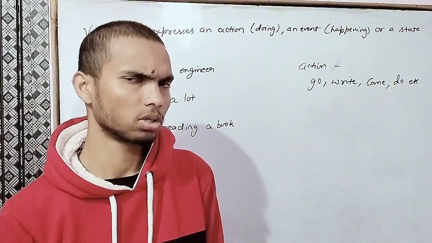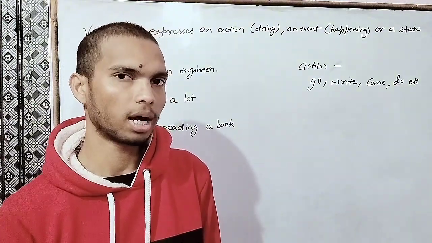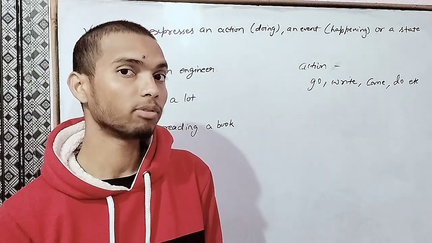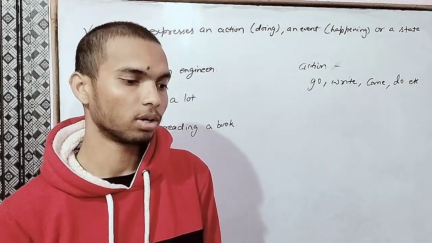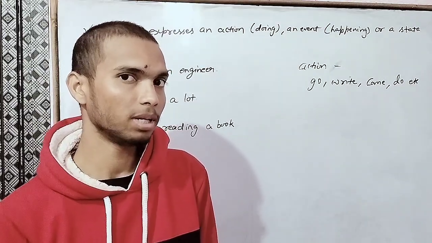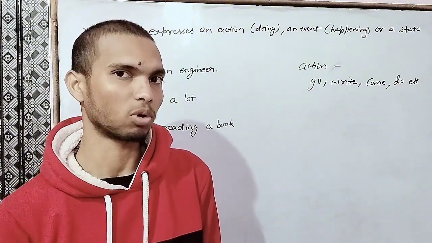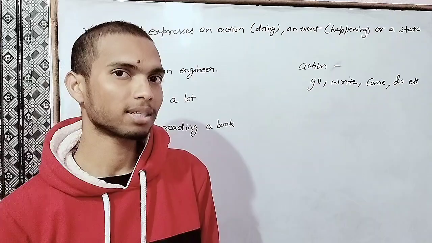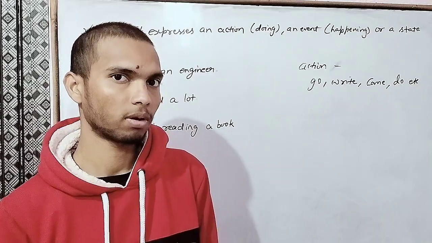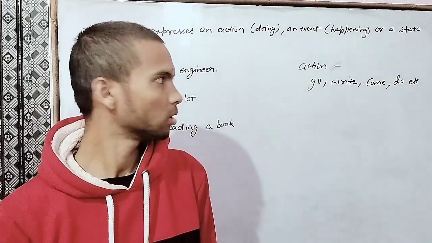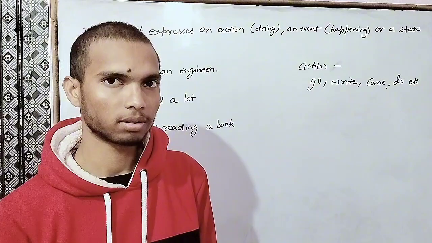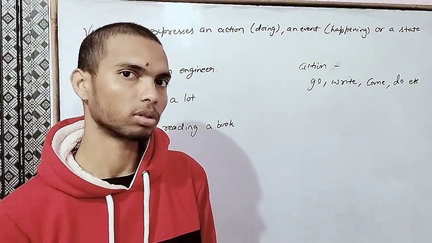No, this is not possible. Here I have to move. It means I will be in motion. Then I will be able to write something on the board. So to write something, we have to be in motion.